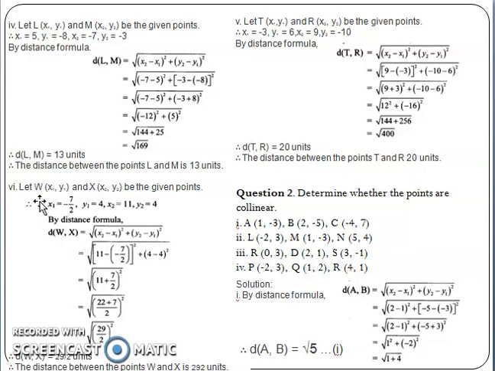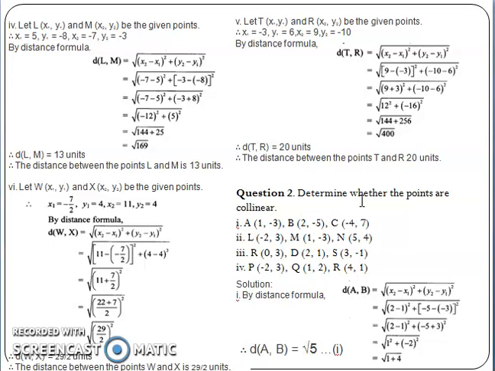In a similar way here also, let W(x1, y1) and X(x2, y2) be the given points. So x1 will be minus 7 upon 2, x2 will be 11, y1 will be 4 and y2 will be 4. After substituting in the distance formula, we get the square root of (29/2) whole square. That means 29 upon 2 will be the answer here. So the distance between the two points W and X is 29/2 units.